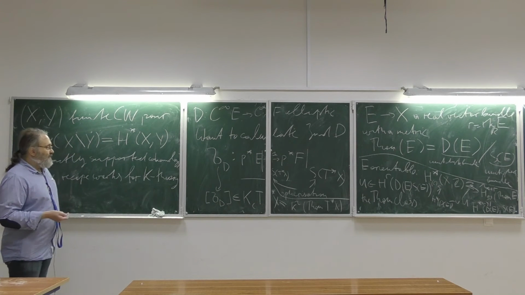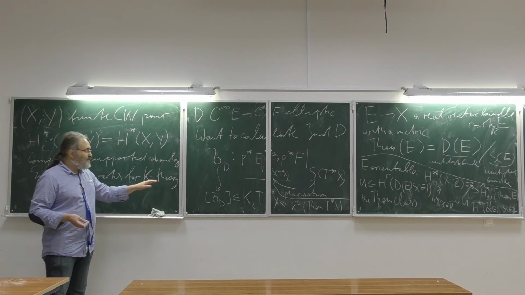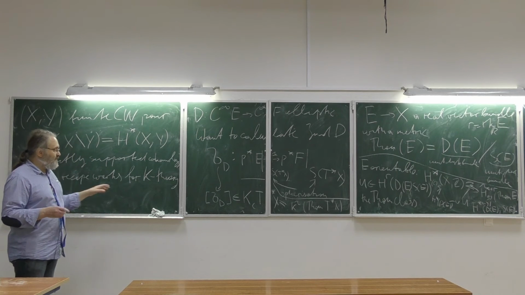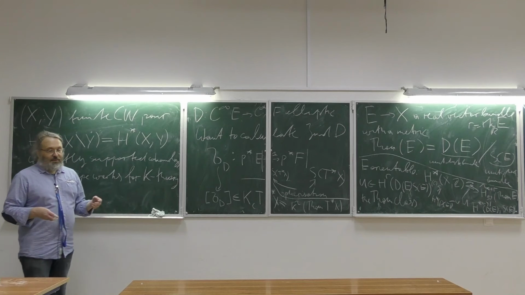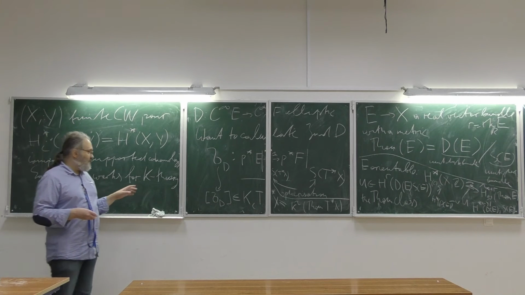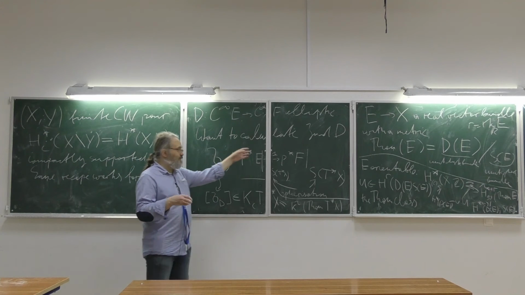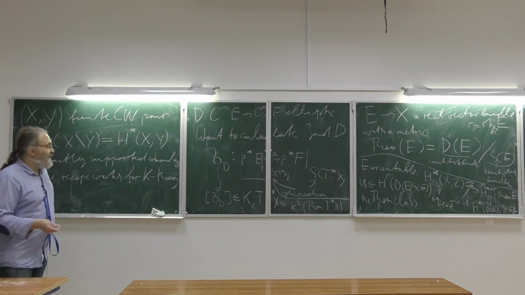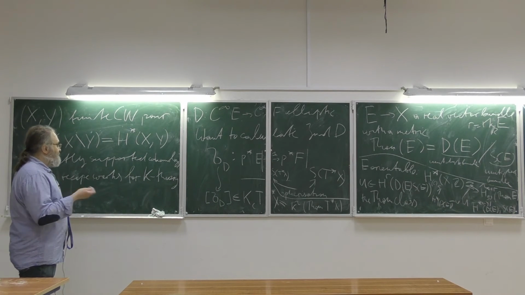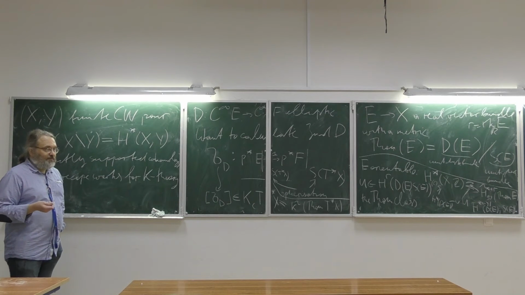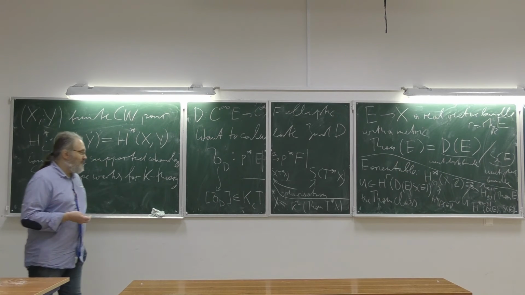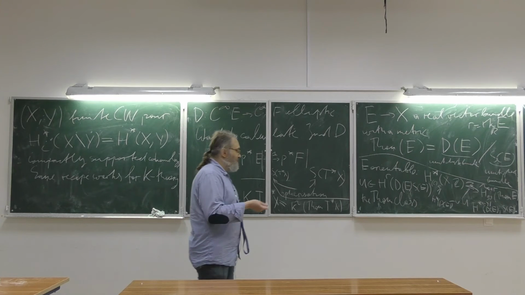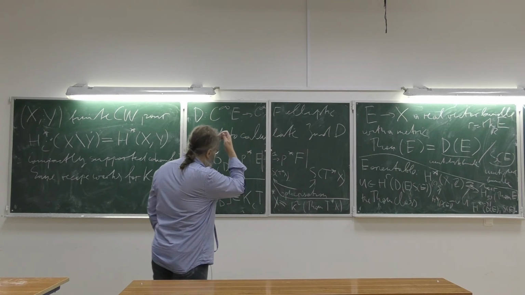But let's postpone this part because, as I said, let's do it justice. So K theory is some kind of cohomology theory which resembles the usual homology, but not quite.